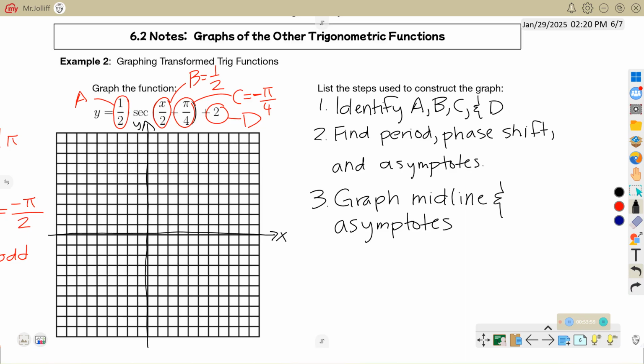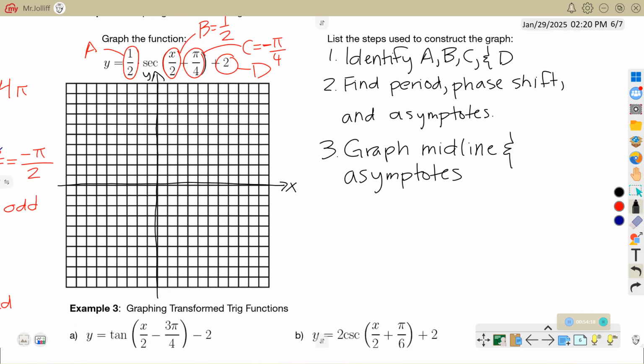On the x-axis, based on my phase shift, it makes sense to me to count by pi over 2 instead of by ones or by pi's. So on the y-axis, I'm counting by ones. On the x-axis, I'm going to count by pi over 2. And I'm going to write that beneath my graph so I remember.